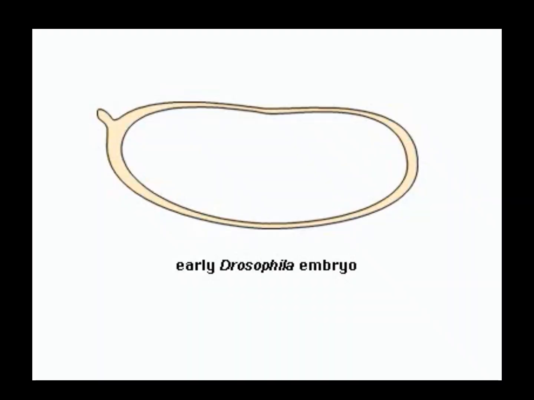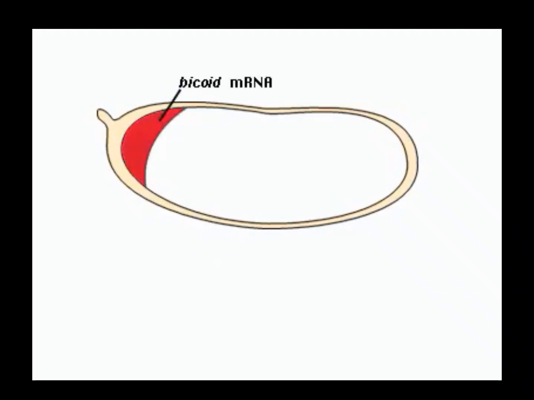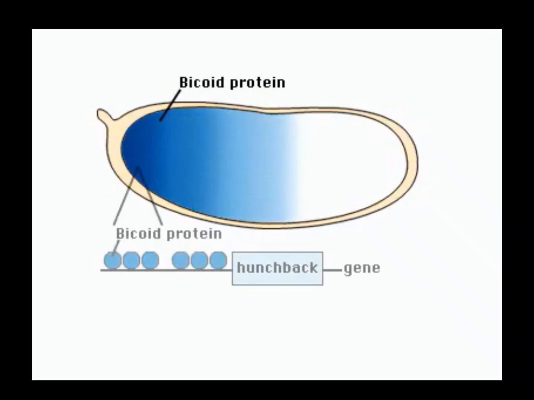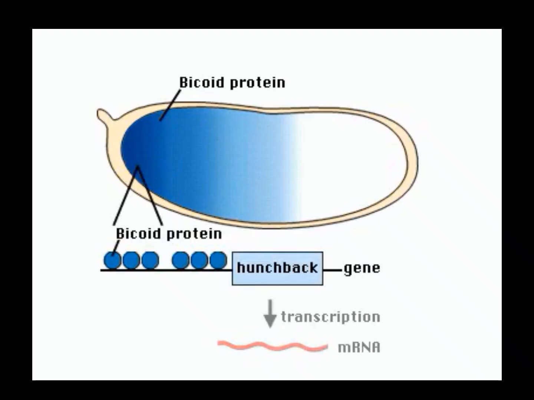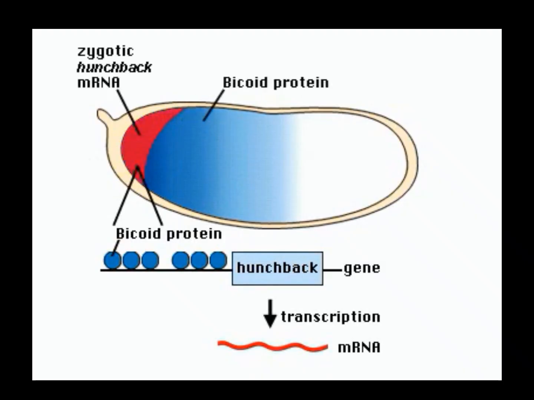In Drosophila embryogenesis, the body plan along the anterior-posterior axis is determined by a cascade of transcription regulatory events. Maternal mRNAs such as bicoid are required for early patterning. Bicoid mRNA is localized to the anterior pole. Once synthesized, bicoid protein diffuses posteriorly, forming a protein gradient. Bicoid protein activates transcription of the hunchback gene by binding its promoter.